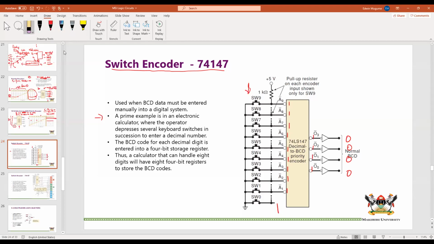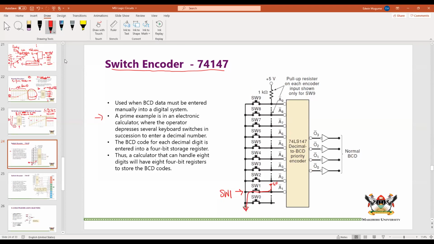Now let us look at another example. What if you pressed one of these switches? If you, for example, press that switch, SW1, we know that there is 5 volts here. But because you have pressed, these 5 volts will go through that into the ground.